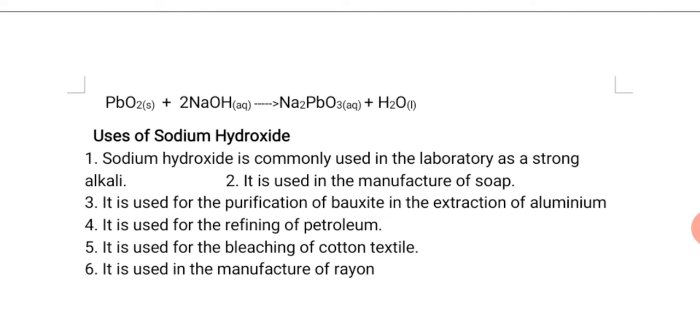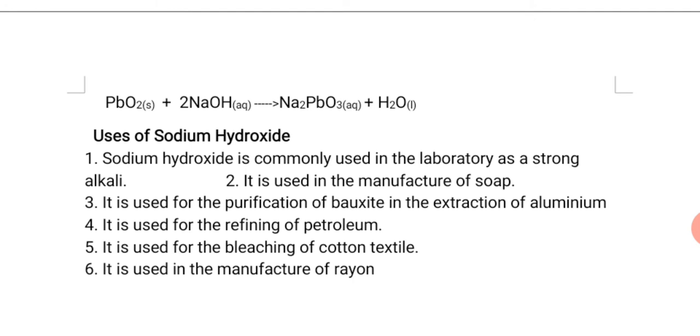That is, in the lab, we use it as a strong alkali to neutralize acid to give salt and water. 2. It is used in the manufacture of soap, which we know as saponification. So, sodium hydroxide is used in saponification to manufacture soap.